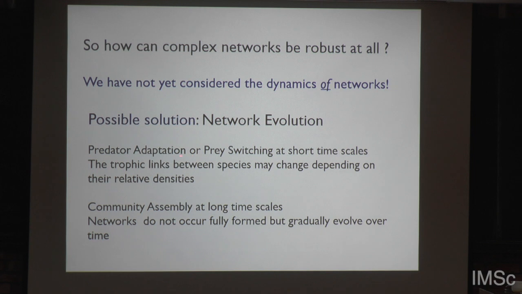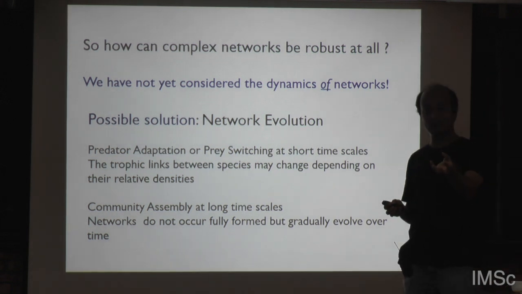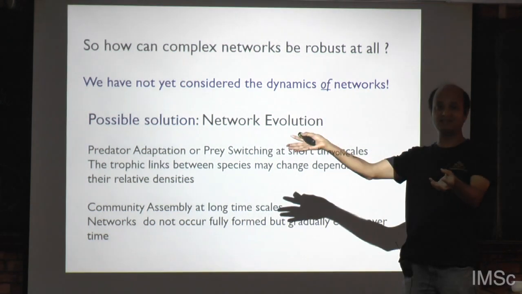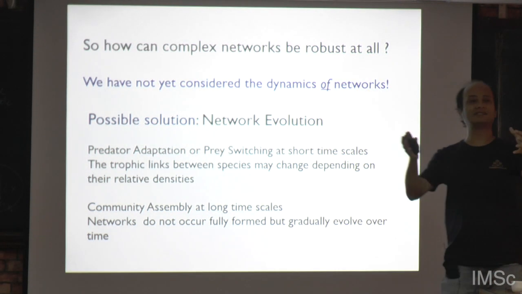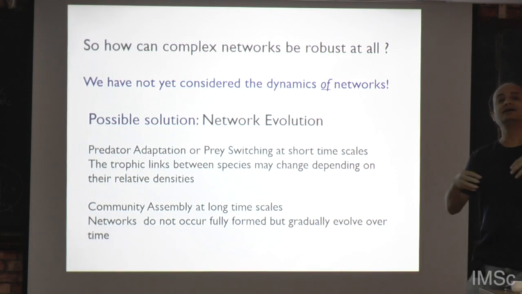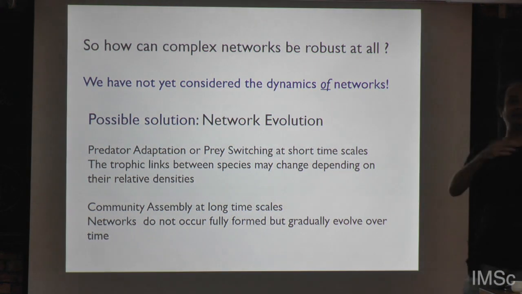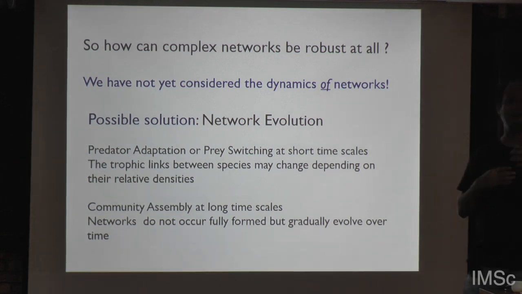For example, you could have predator adaptation or prey switching, where because the population of a particular prey species goes down, its predator decides to switch its attention to another prey which is much more available. Locally you would see that certain links would become temporarily stronger or weaker depending upon how its population is affecting the ability of its predator to find it in the environment.